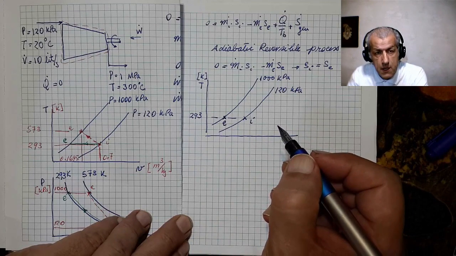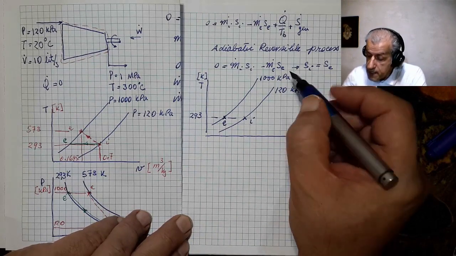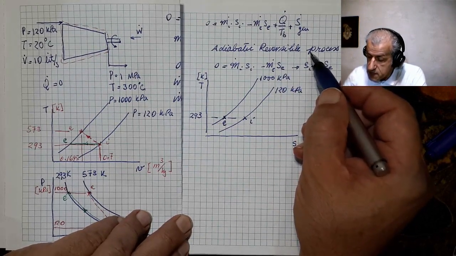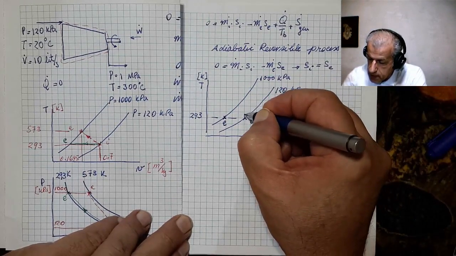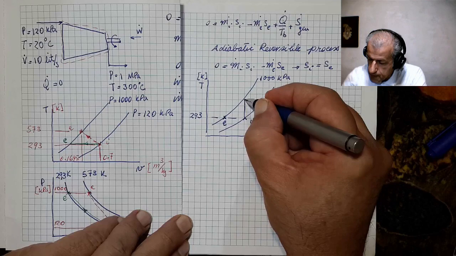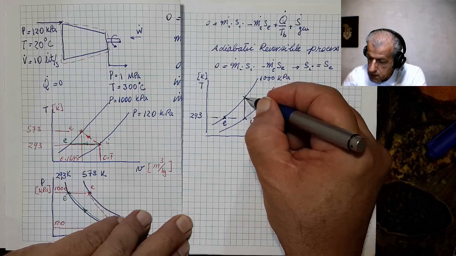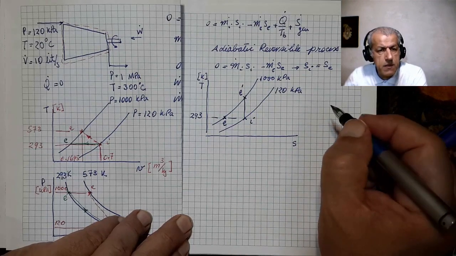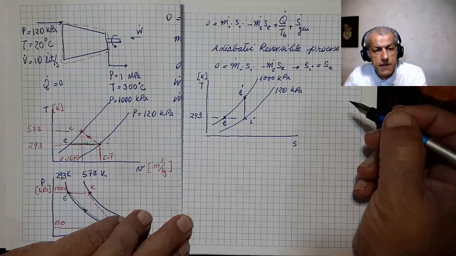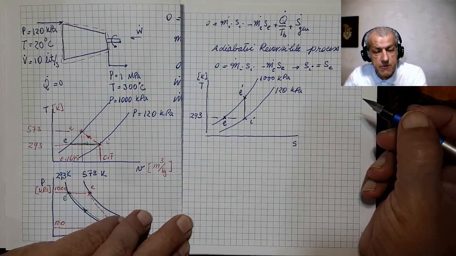Now, the adiabatic reversible process, where s_i equals s_e, would look like this one. This would be E, and let me call it E prime. I usually call the reversible process and denote it with a prime.